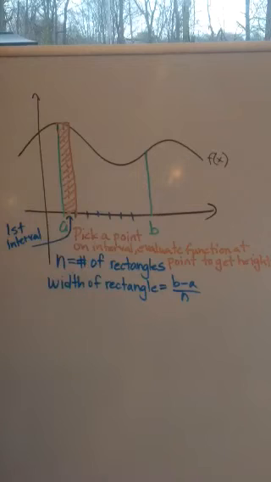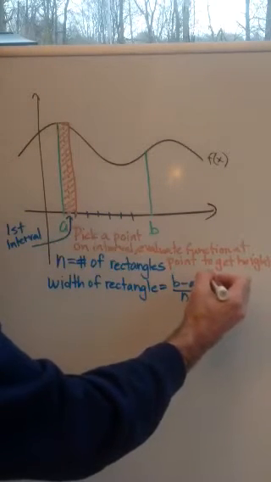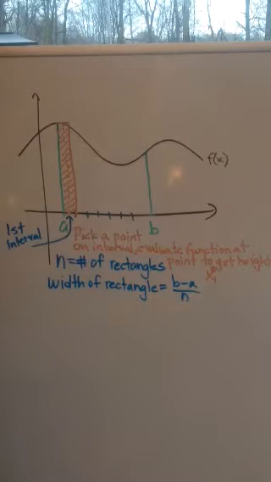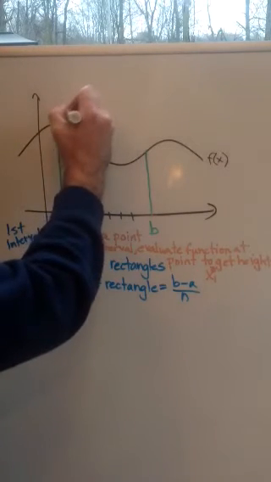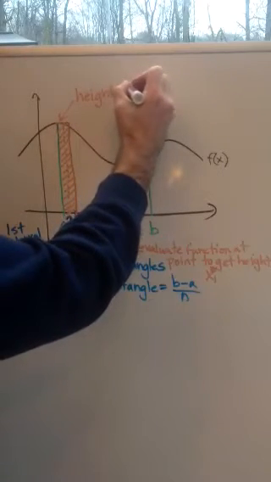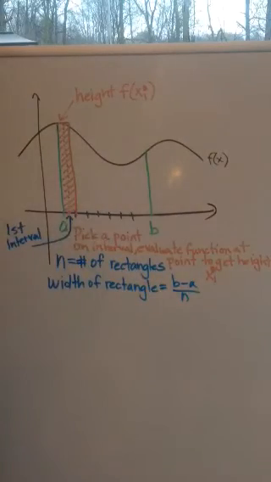Now since that's the first interval, we're going to say that that point is x1, we'll put a little star by it too. It's x1 star. It's starred because it's the most important point on that interval. So the height here is going to be f of x1 star.